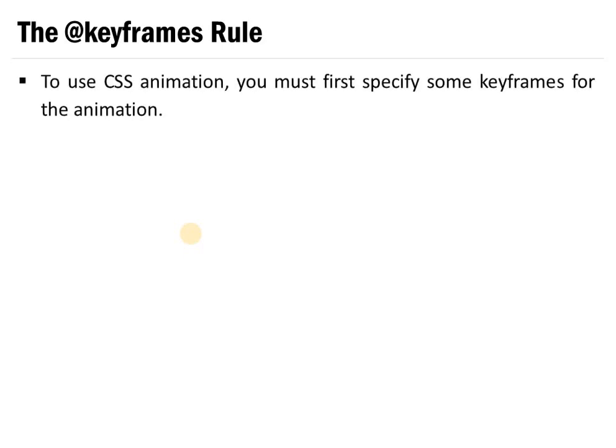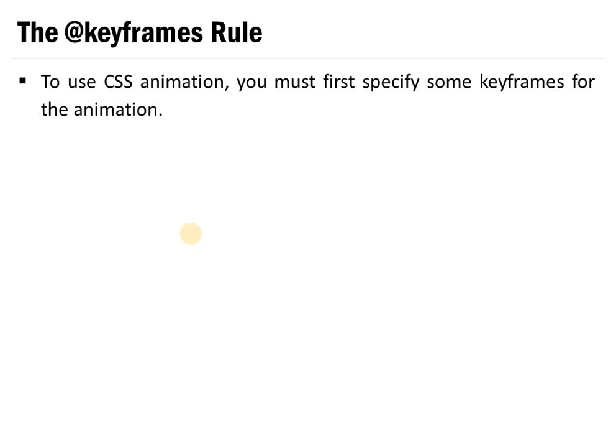The @keyframes rule is very important. Why? Because whenever you use CSS animation, the first thing is to specify some keyframes for the animation. There are various HTML elements, and you may want to apply a different animation to each tag. For example, for a div tag I want to apply this, for a paragraph I want to apply this, for an image I want to apply this, likewise.